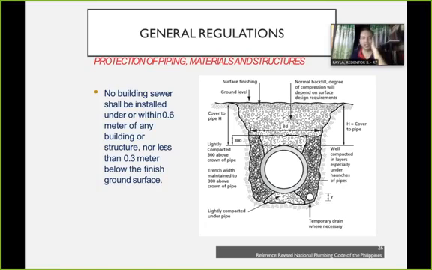The building sewer shall be installed under... So, kailangan lumagpas or within 0.6 meter. Lumagpas ka sa 24. Where is the 24 here? Should be the crown, no? No less than 0.3 meter below the finish.